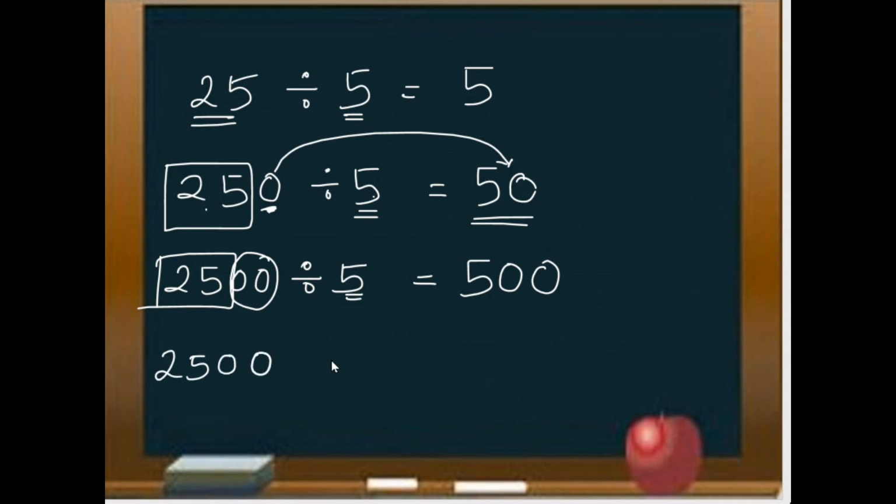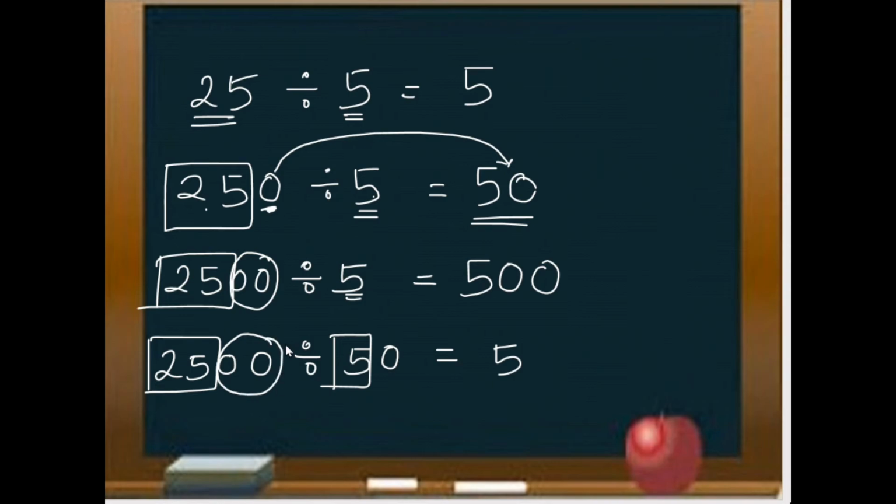Now there is a change. If I have 2500 but I'm dividing by 50 instead. Again, if I focus on the non-zero numbers, my answer is 5. But now if you see, here there are two zeros and here there is one zero. Now in multiplication, we used to add those zeros and put them in the answer, right? But in division, you are not going to add the zeros, you are going to subtract them.